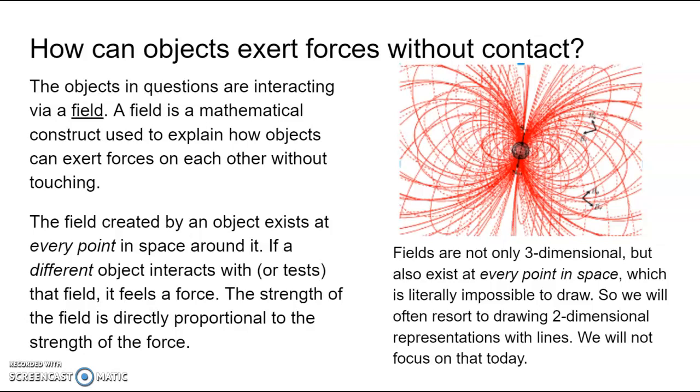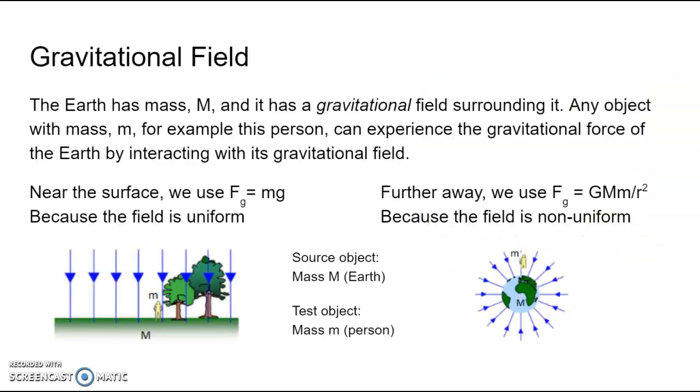An object that has mass creates a gravitational field around it, and any object that has mass interacts with that field and feels a gravitational force. With the gravitational field, the Earth is the most typical example we use, just because that's the force we're used to, the force due to gravity on Earth. The Earth has some sort of mass.